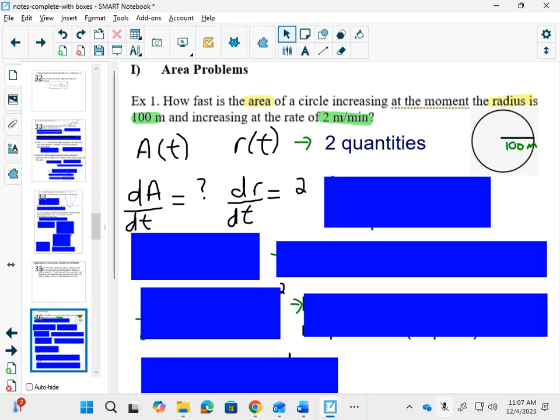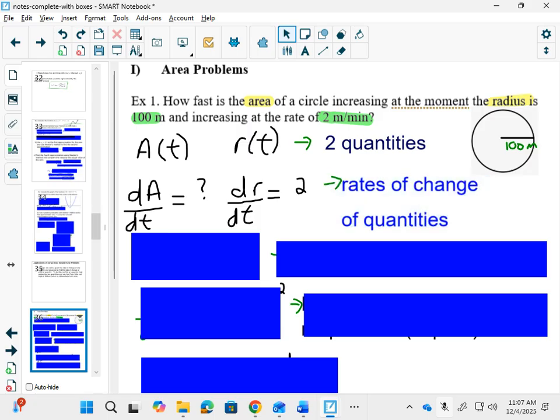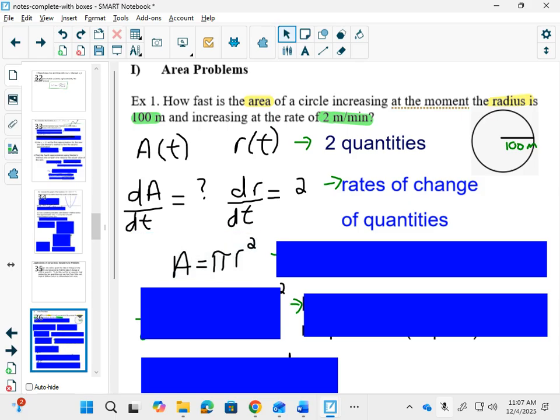We know dr/dt. We know that the radius is changing at 2 meters per minute. And we want to find it at the exact time when the radius is 100. So the question is, can you create an equation that relates area to its radius? Absolutely. That's your area of a circle formula.